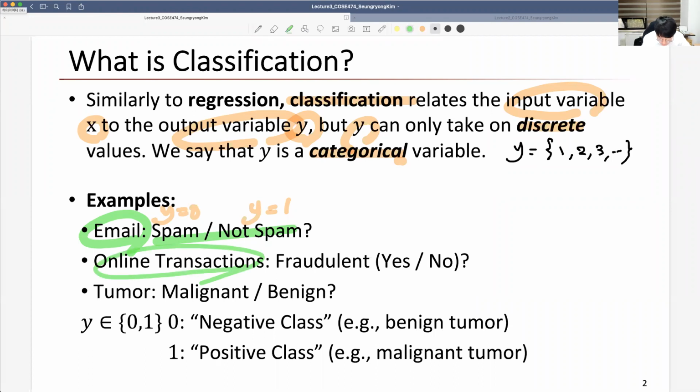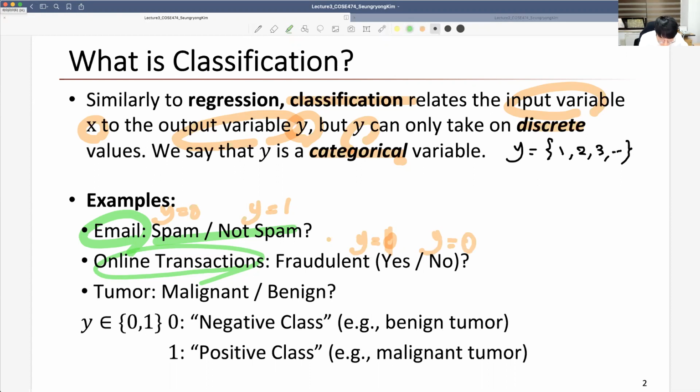We would like to classify an online transaction as fraudulent or not. In this case, fraudulent is going to be y equal to 1, and non-fraudulent means y is equal to 0, right?